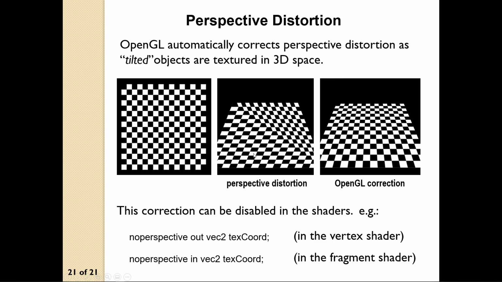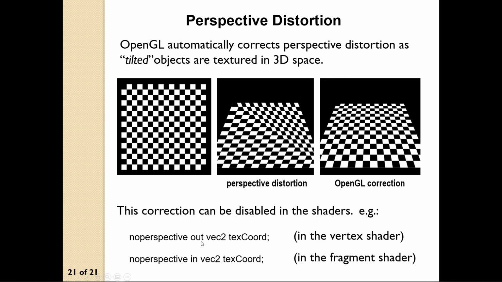Here's without any correction. As it's tilted here, our sampling is going to become problematic. OpenGL will correct for that, applying the perspective that you're tilting at and interpolating correctly according to that tilt. You can disable it if you want.